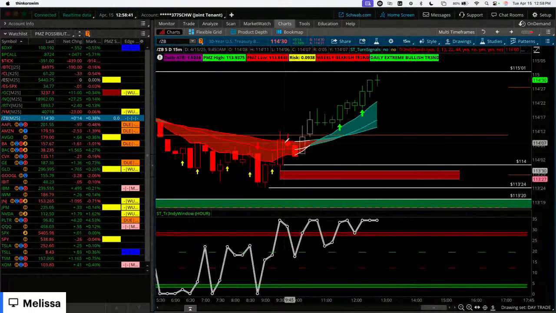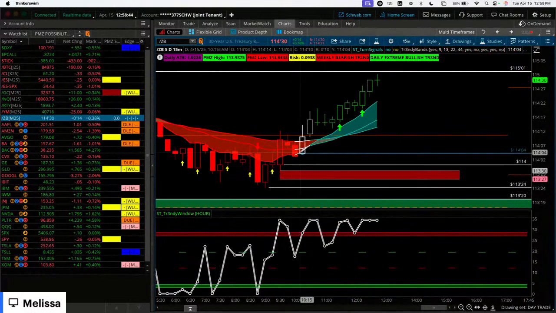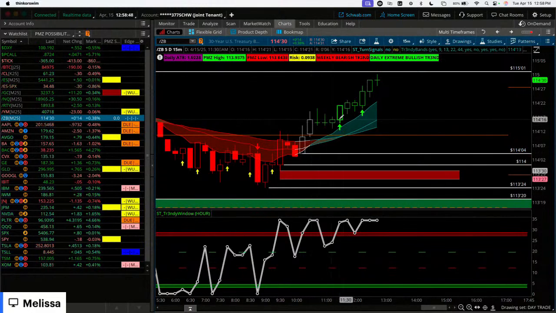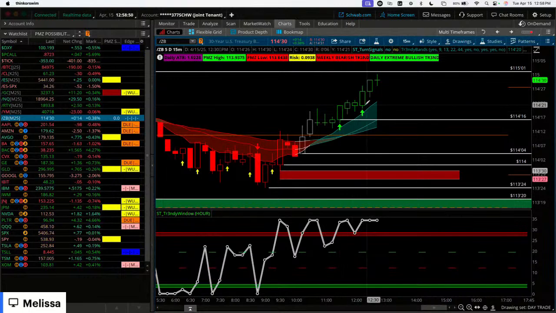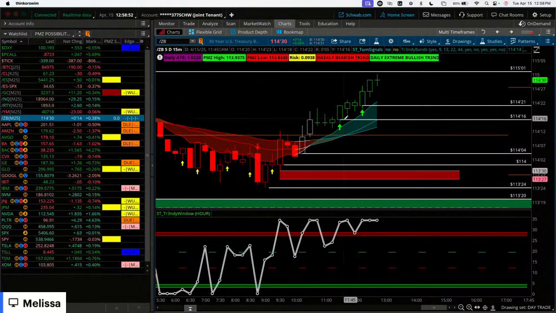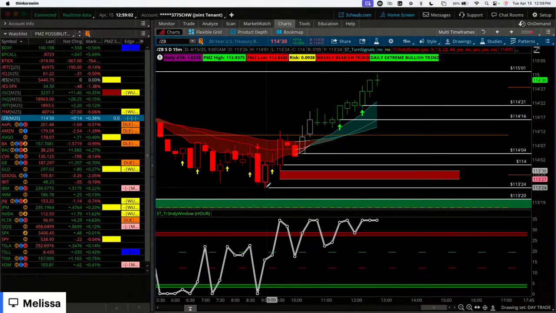I see a double inside and then up here on the 15-minute, followed by 3 inside candles and an up, and then another up. All right, so those are some targets that I would expect to act as support if ZB were to pull back on this 15-minute chart.